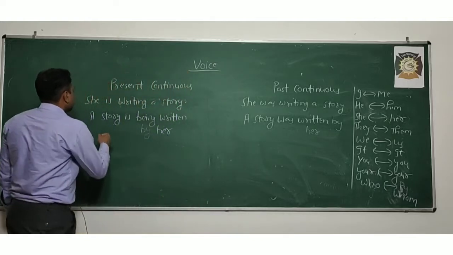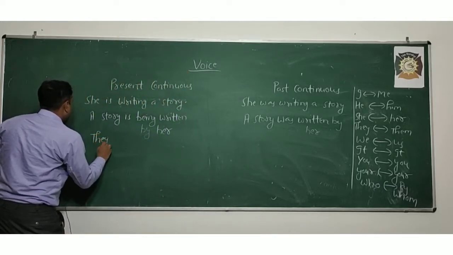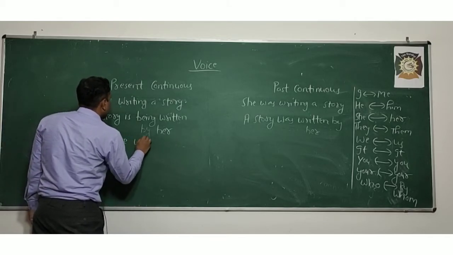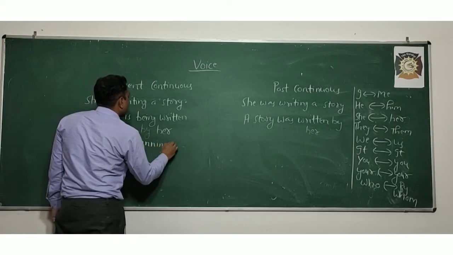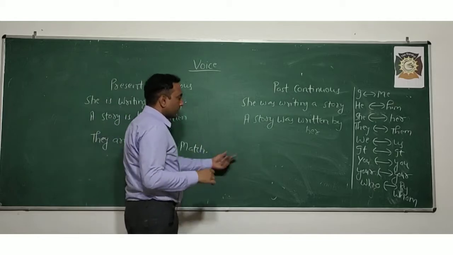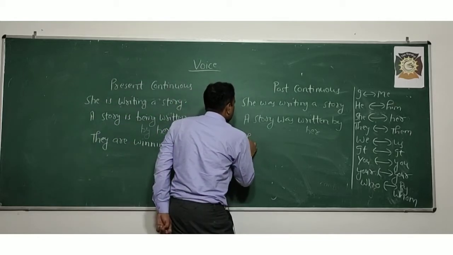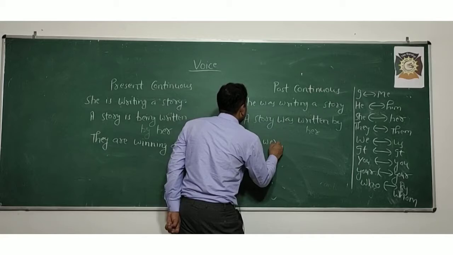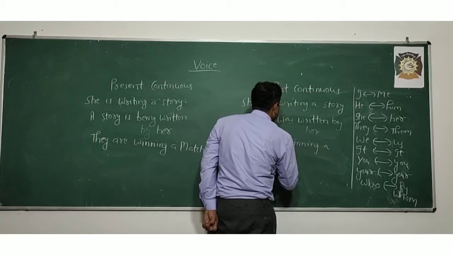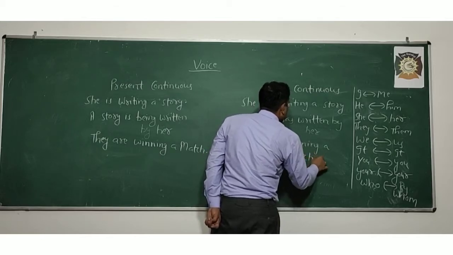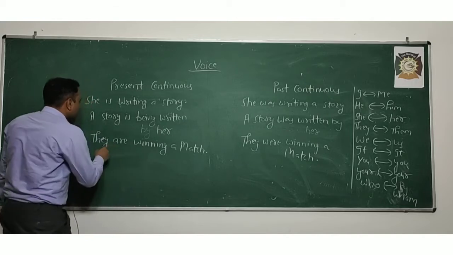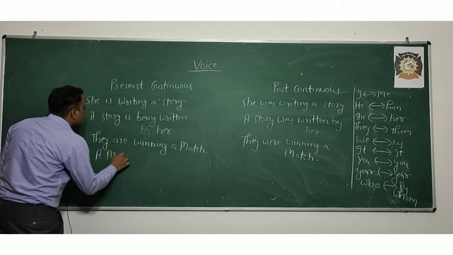And if I write they are winning a match, full stop. Same sentence into past continuous: they were winning a match. How will you write? They are winning a match. So a match is singular.